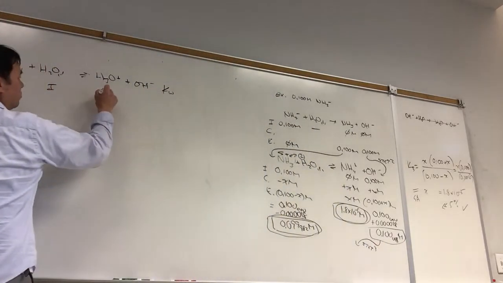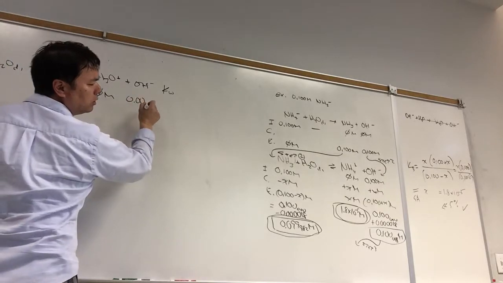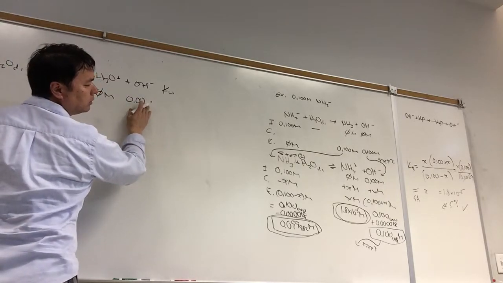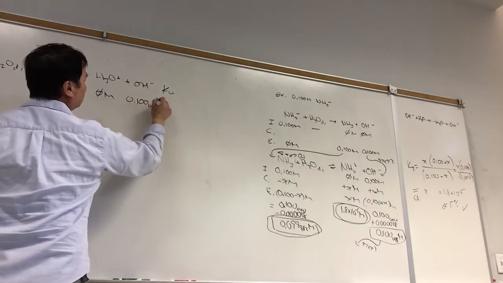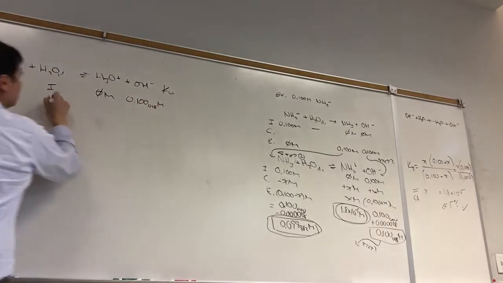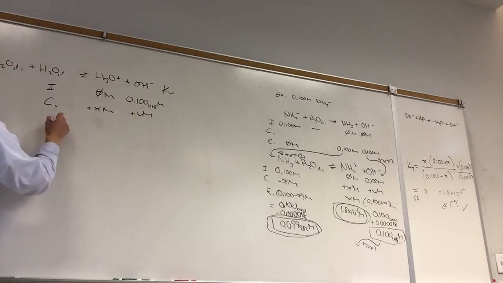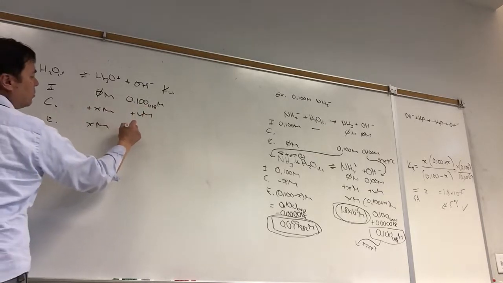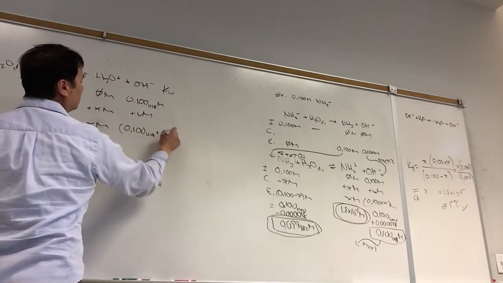And so we're assuming that water has not hydrolyzed. The hydroxide here is going to be 0.100, so 0.018 molar. And so the change here is going to be plus X molar, plus X molar. And so at equilibrium, we're going to get X molar and then 0.100, so 0.018 plus X molar.